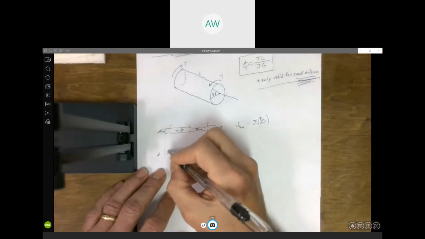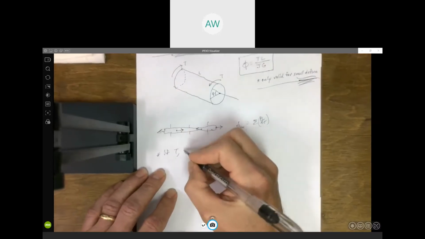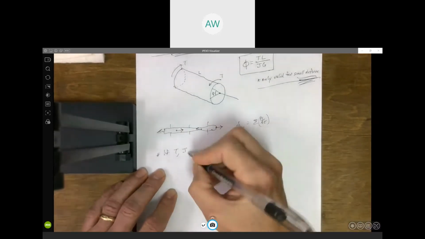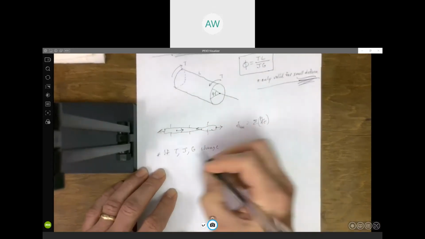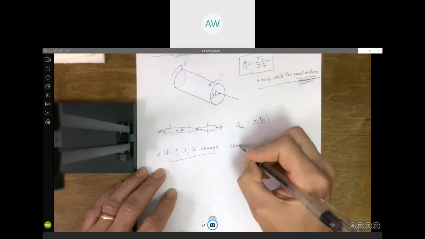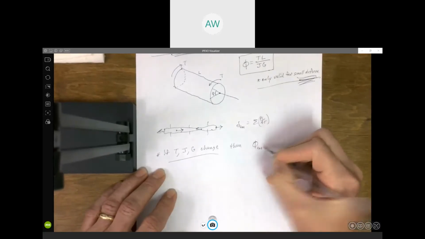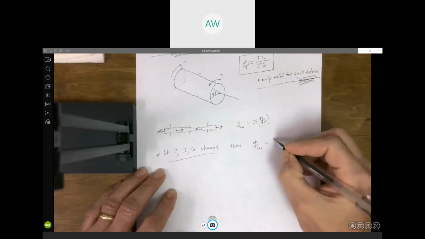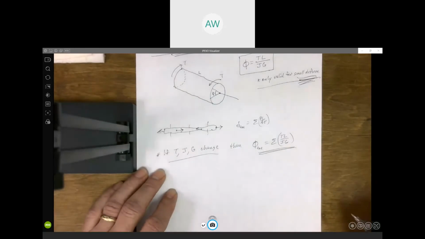If the torque or the cross-section or the material change, we're going to have to do a similar thing. If we want to get the total angle of twist, you're going to have to sum up TL over JG for each section.